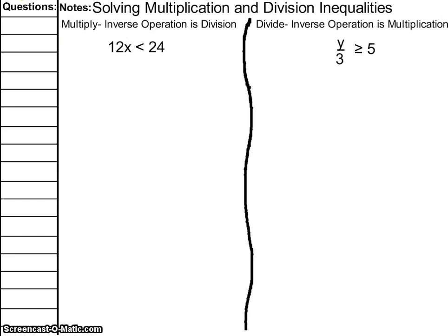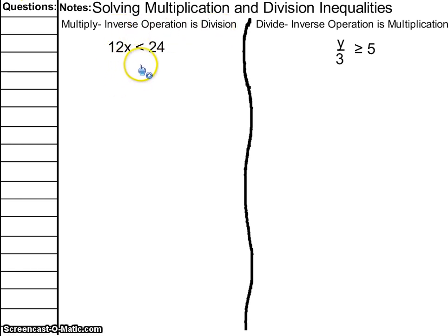Now let's talk about solving multiplication and division inequalities using the same concept. Again, we're looking at inverse operations. Let's look at multiplying first. We have 12 times x is less than 24. Since our variable is being multiplied by 12, we're going to do the inverse operation, which is division.